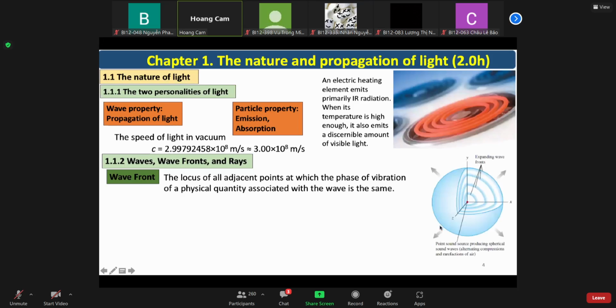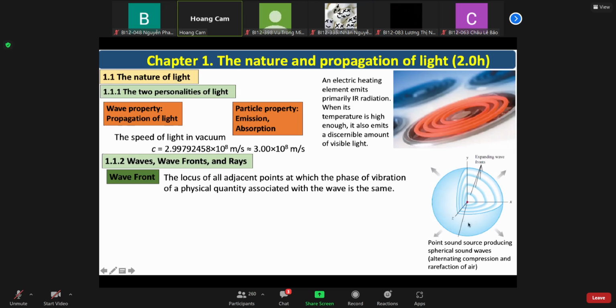Here, for example, I am showing you an example of the sound wave. The red dot shows us the sound source. So we have a point sound source, and it can produce spherical sound waves. In order to be able to hear something, we have the compression and rarefaction of air as well, so that the sound can travel.